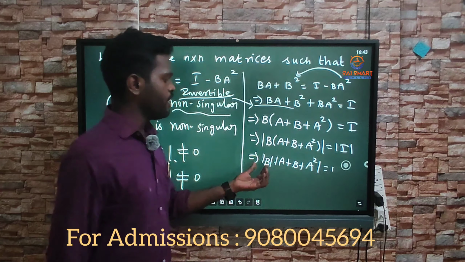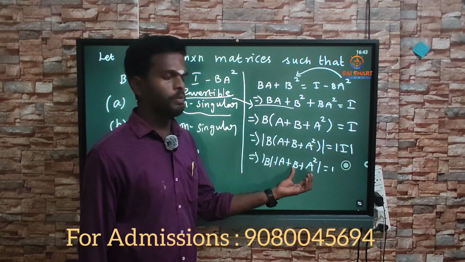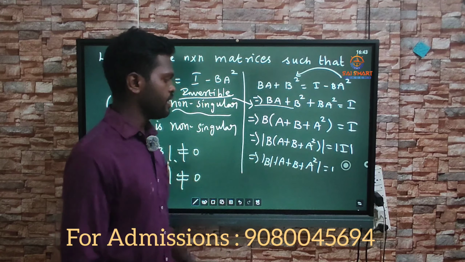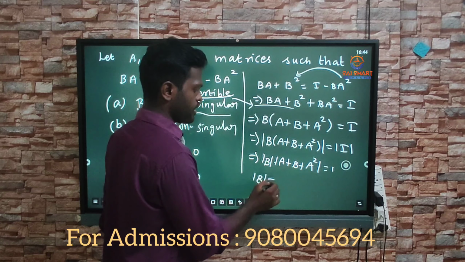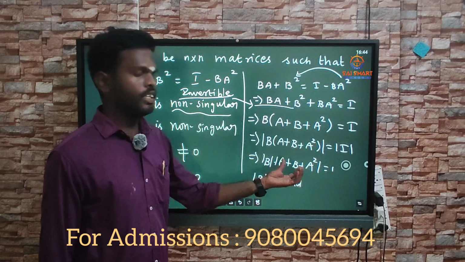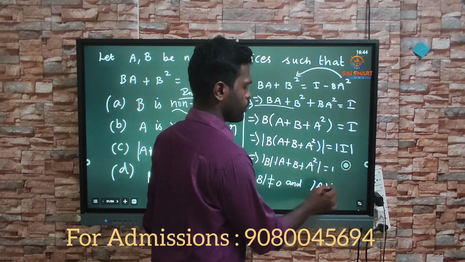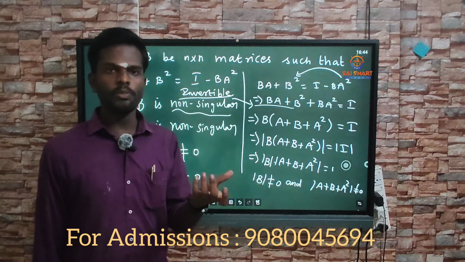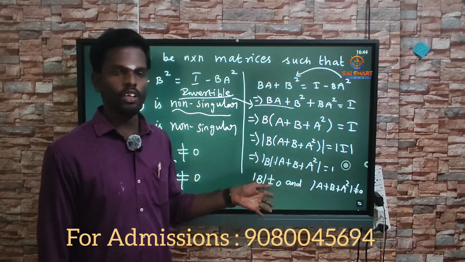Then we have determinant of B times determinant of A plus B plus A squared equal to 1. The product of two numbers must be 1, so both determinant of B and determinant of A plus B plus A squared must be non-zero, because if the product of two numbers is 1, then neither number can be 0.